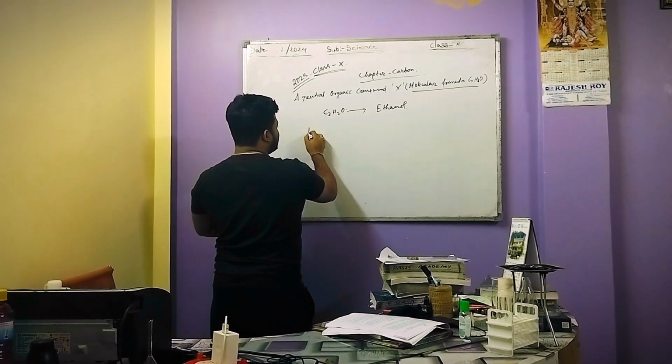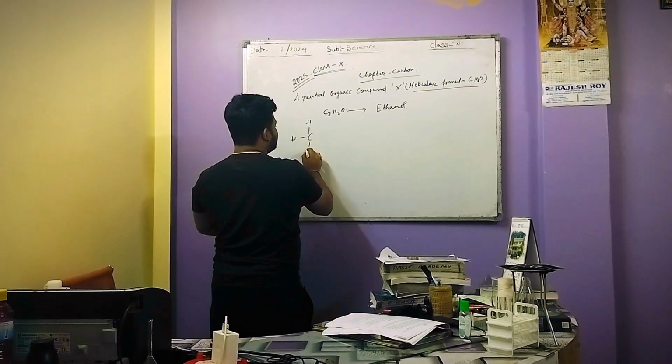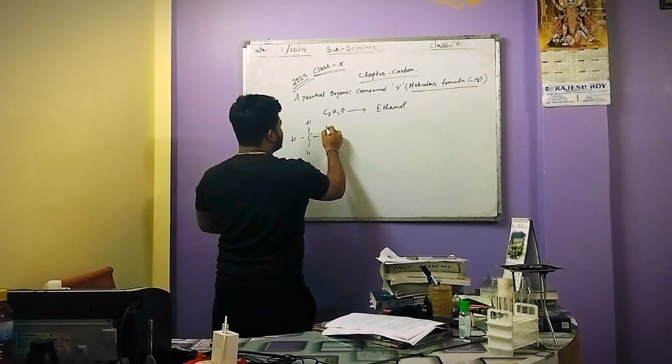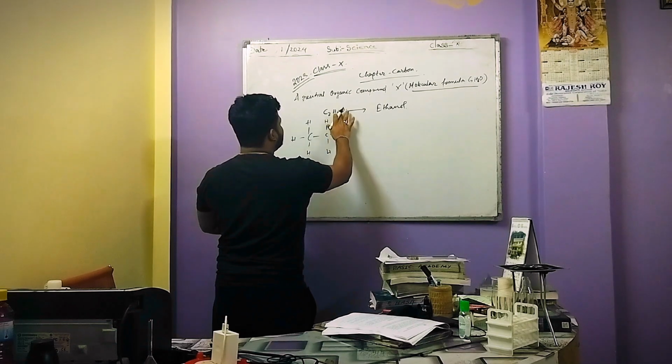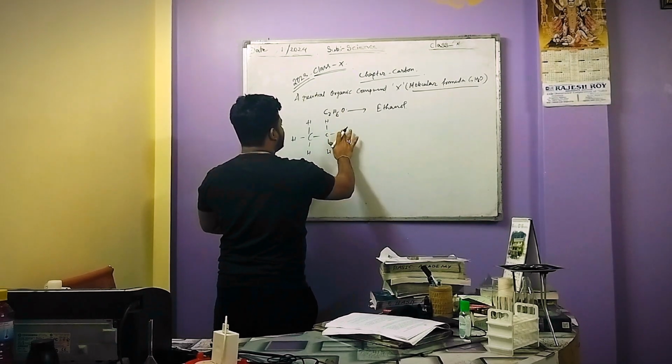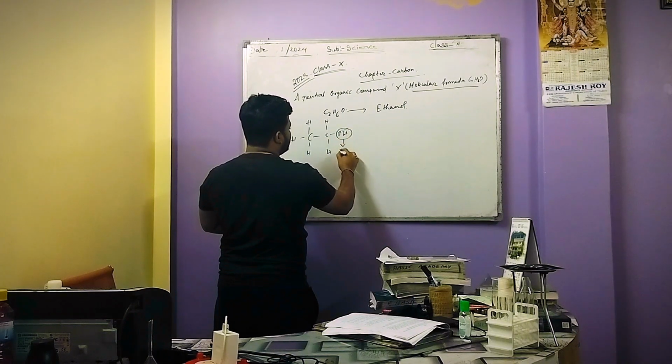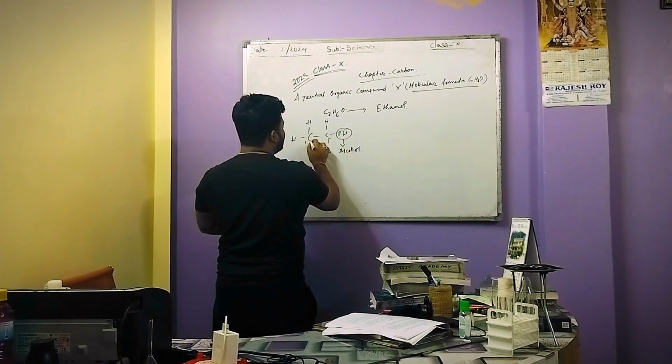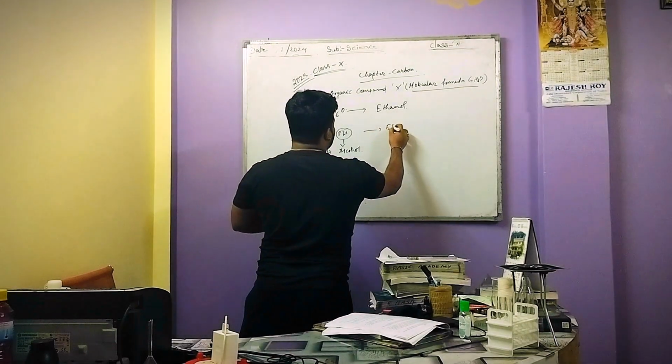C2H6O: now C has... done. H6O, 1 2 3 4 5 and this is 6. So this is actually an alcohol group, and 2 carbon means eth. So this is ethanol.